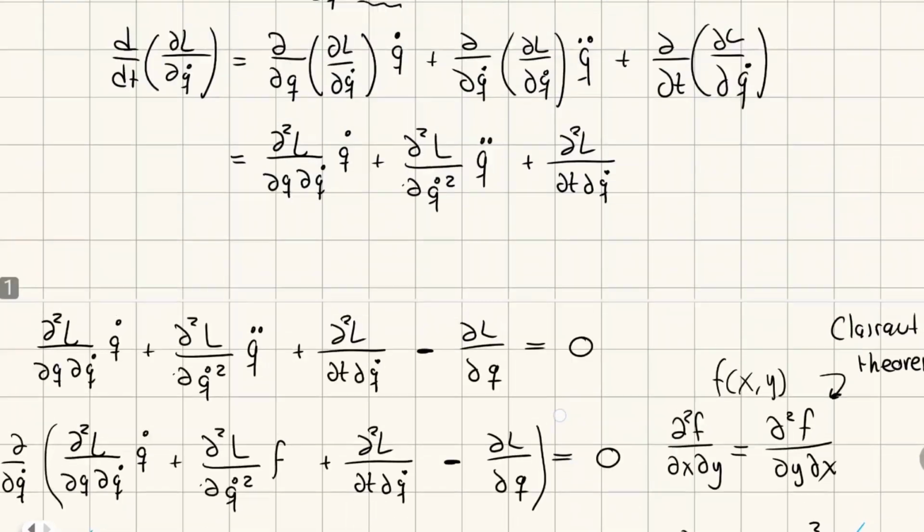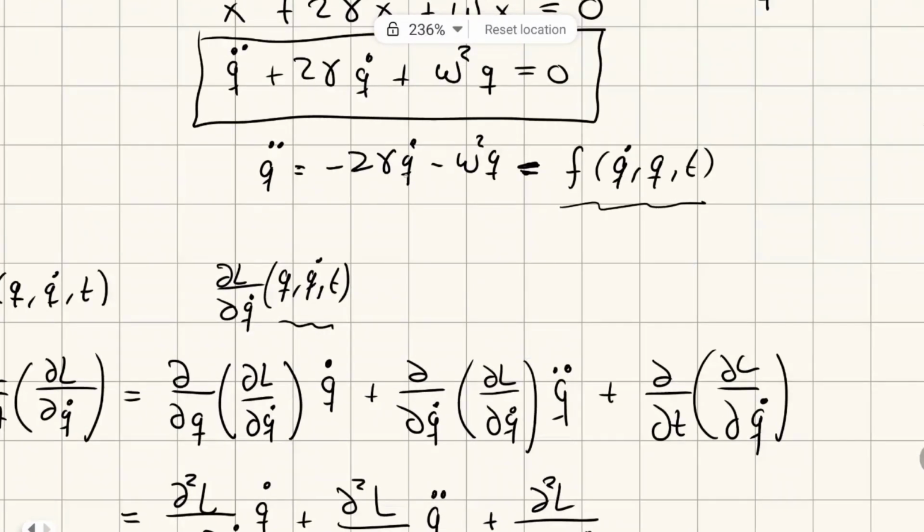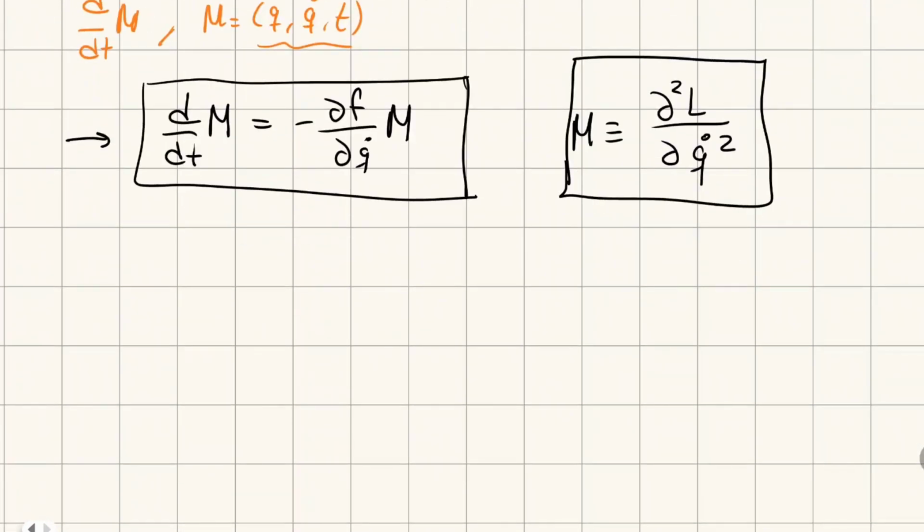And if we remember, f was defined to be minus 2 gamma q dot minus omega squared q, in this case for the example of the damped harmonic oscillator. So we write that f is equal to minus 2 gamma q dot minus omega squared q.